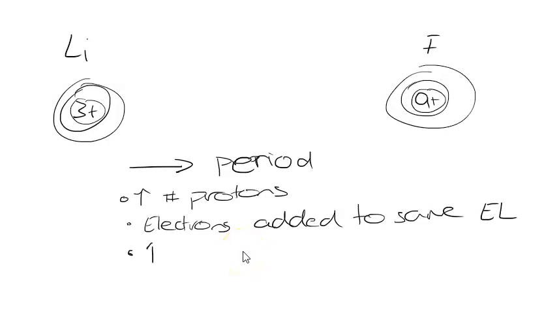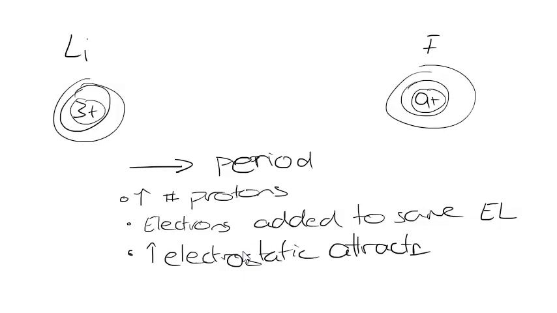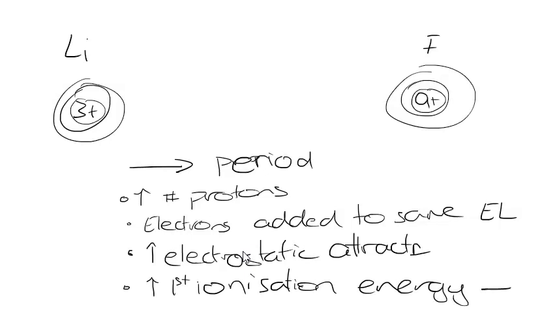So this means that the electrostatic attraction increases, so we're going to have a greater first ionisation energy as we go across the period. Just one thing to add here, sorry: we increase the number of protons, therefore we've increased the nuclear charge.